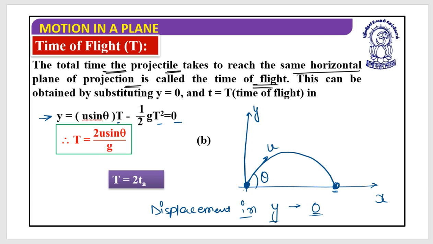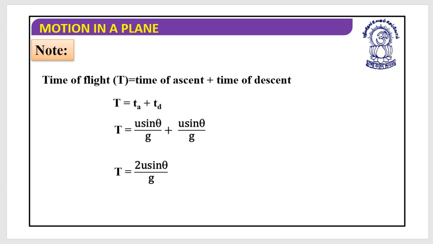If I equate this with 0, then I can write that the time of flight is equal to 2u sine theta divided by g. This t is 2u sine theta by g, which is twice the time of ascent. It is the same thing that we did in the motion in one dimension.